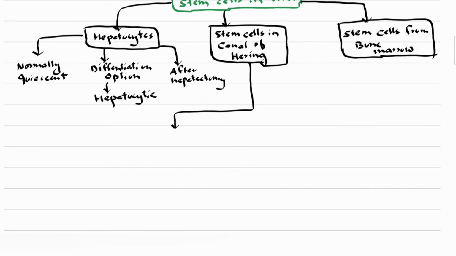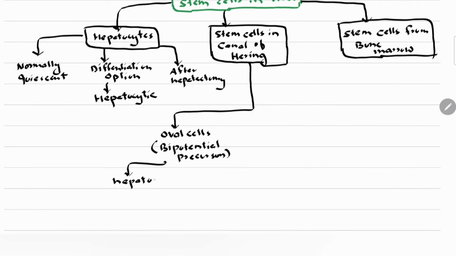Now coming to stem cells in canal of Hering. These cells are oval cells. They are called bipotential precursors. They have a capability to differentiate into hepatocytes and bile duct cells.